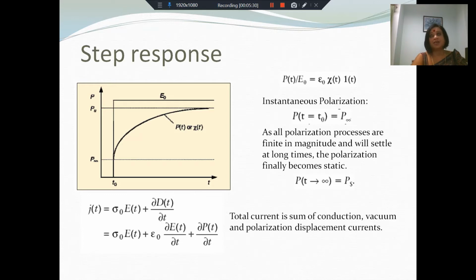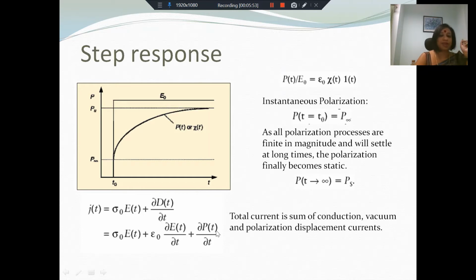But in addition to that, you will have a component del P del T when you have a solid, or a dielectric material which is not vacuum. This need not necessarily be due to the rate of change of the electric field, but has to be due to the rate of change of polarization. If you have a DC electric field, E does not change. However, P can still change.